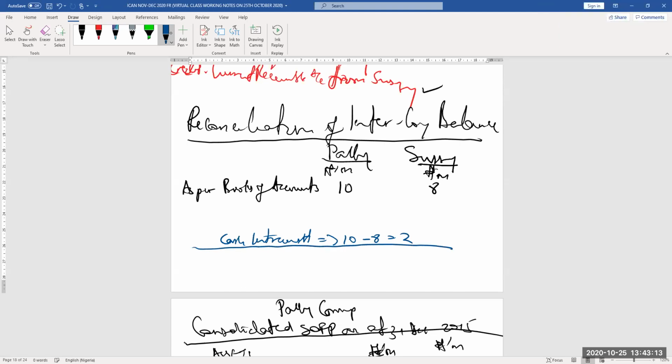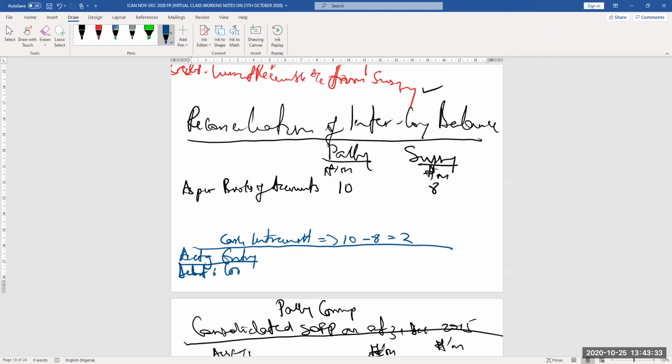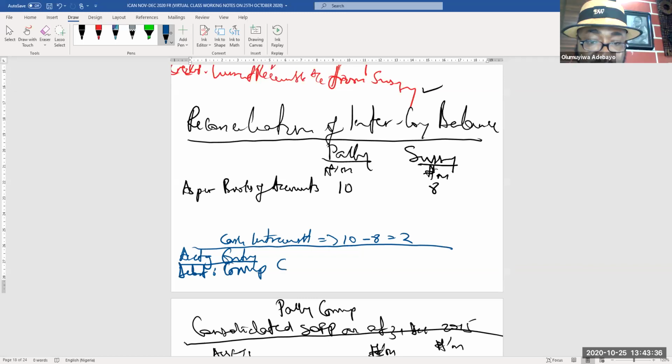Therefore, how do I account for it? Accounting entry: if you have cash that has not been received, you recognize it in your books. And to recognize cash in your books, do you debit or credit cash account? You debit. You debit group cash and bank, and you credit the corresponding entry to either of the current accounts.